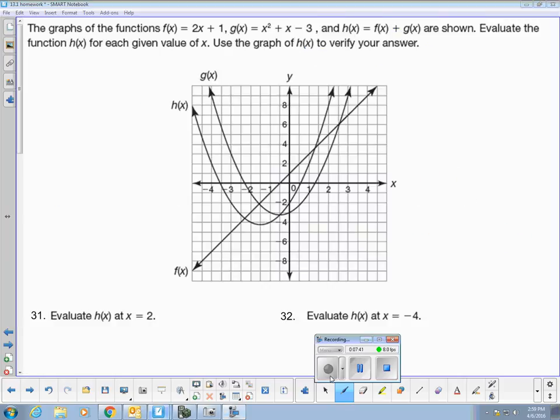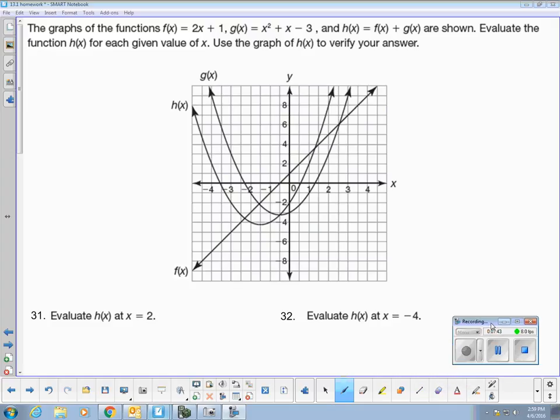In number 32, we need to evaluate the function h of x when x is at -4. So I need to look up here to find what my function h of x is defined as. The function h of x is equal to the function f of x plus the function g of x.